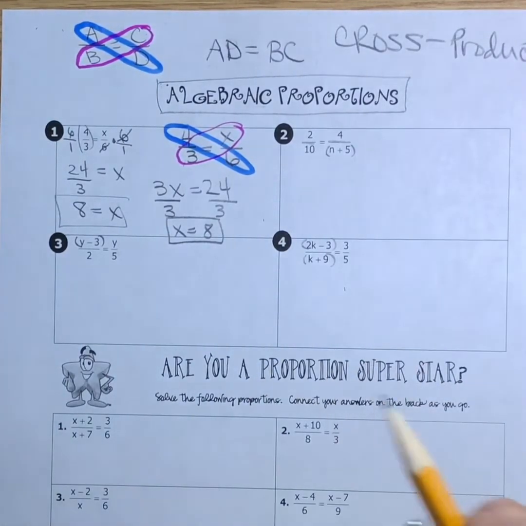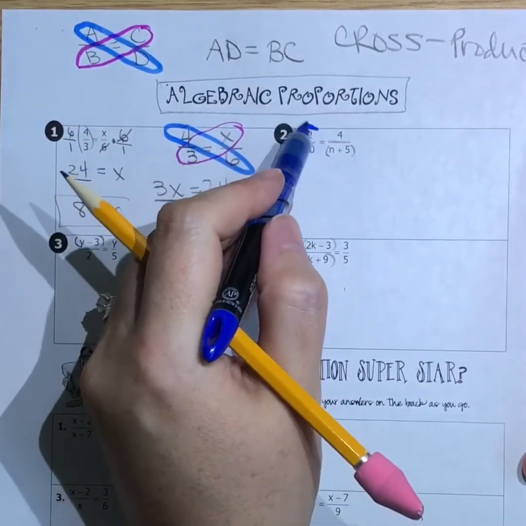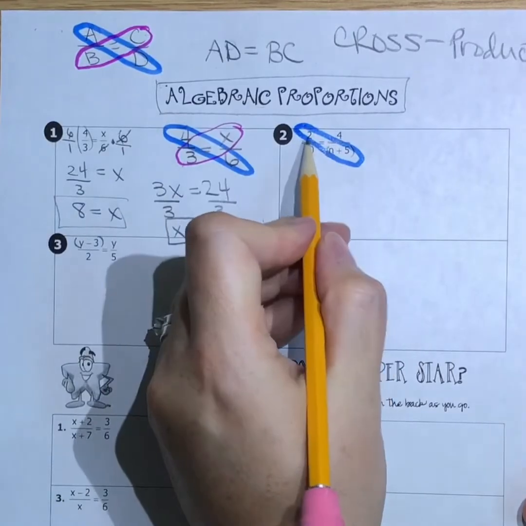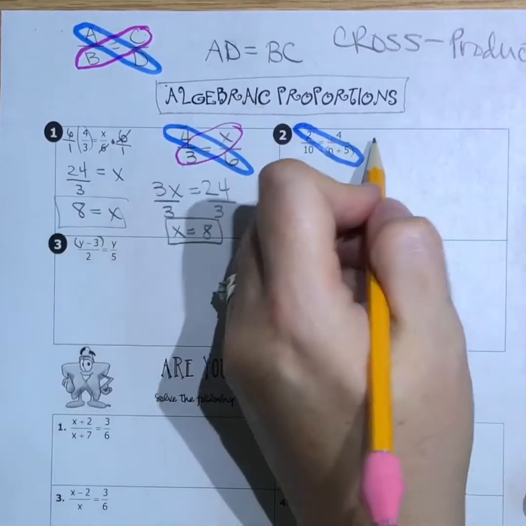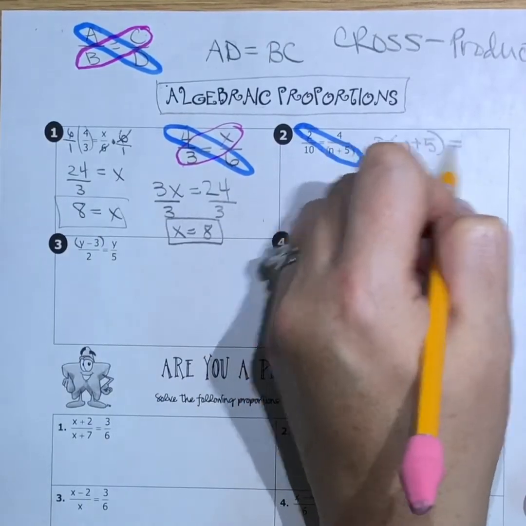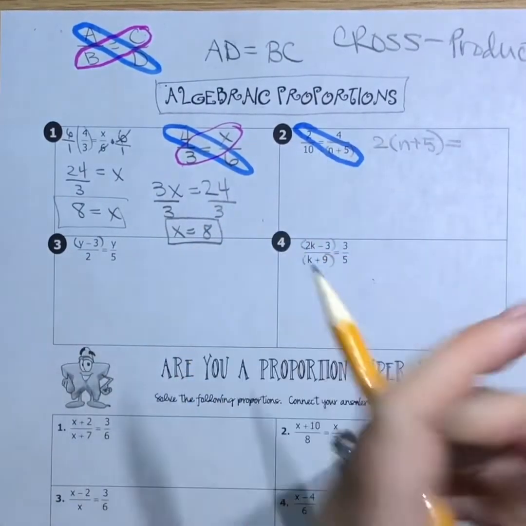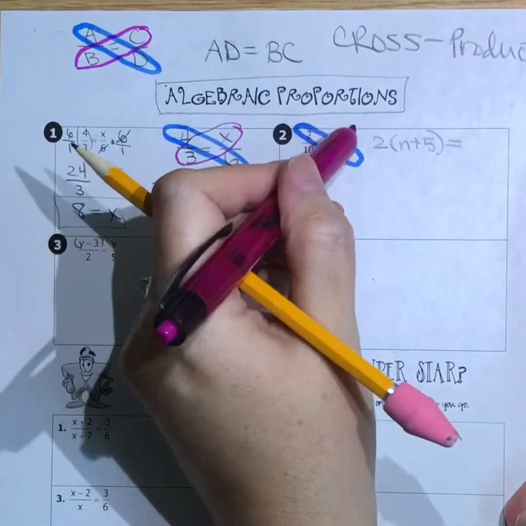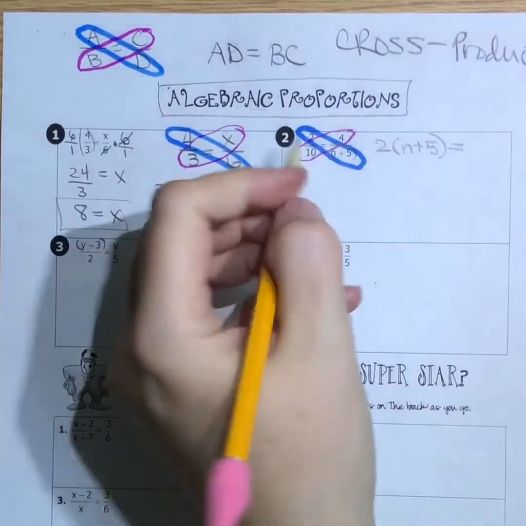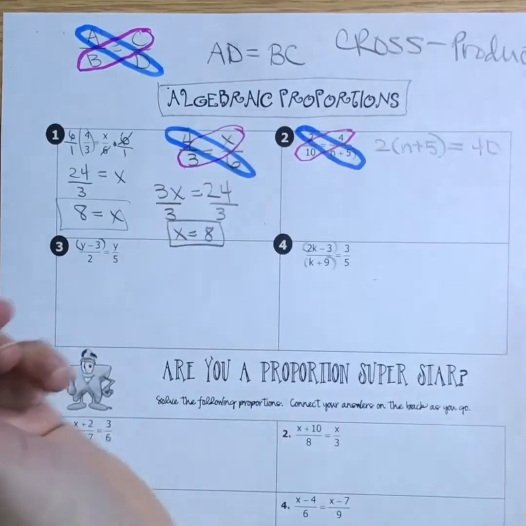So let's go ahead and when I say multiply on the diagonal, well, how do I multiply a number in parentheses? Well, basically you just write it as 2 times the parentheses, and you just know that we're going to end up distributing in the next step, and then I'm going to multiply the other diagonal to get the other side of the equation. 10 times 4 is 40.